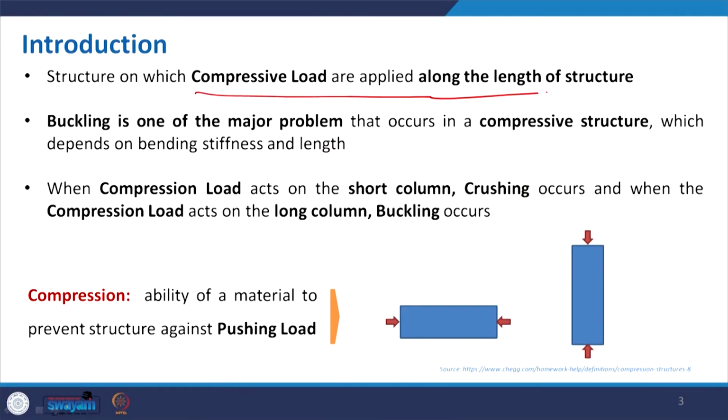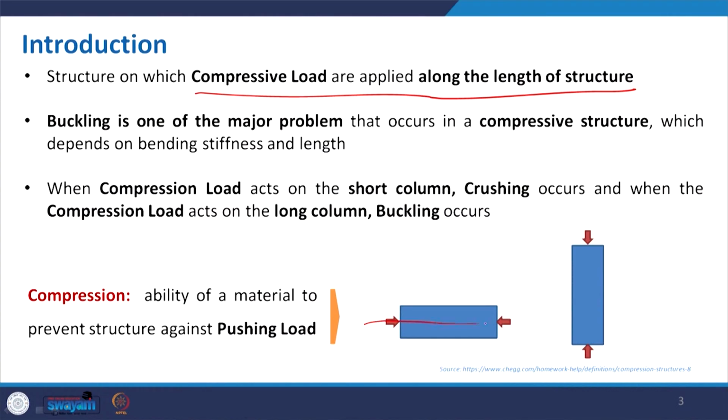Now, to start with, the structure on which compressive loads are applied along the length of the structure. We also discussed in the lecture that, based on the principal axis, the major axis, whatever load is applied, the material reacts depending on its density, strength and hardness.